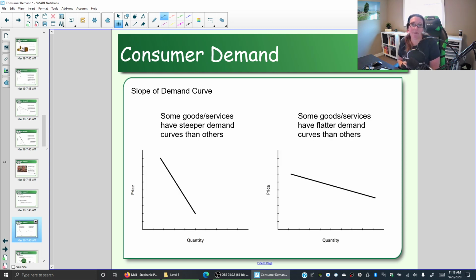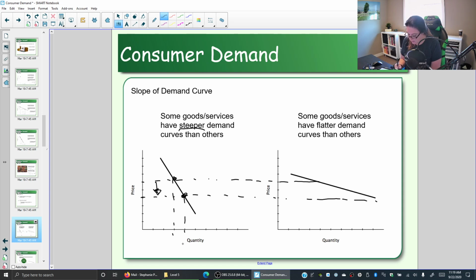So here we have two graphs, two demand curves. They both follow the law of demand. You change the price, and there's a change in the amount that customers are willing and able to buy. On the left, we have a steeper demand curve. And notice here that when you change the price, what happens to the amount that consumers are willing and able to buy?